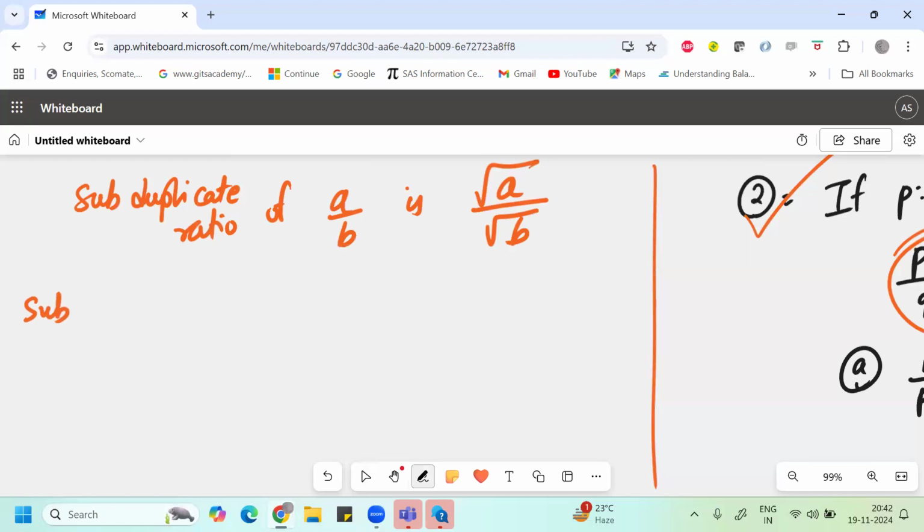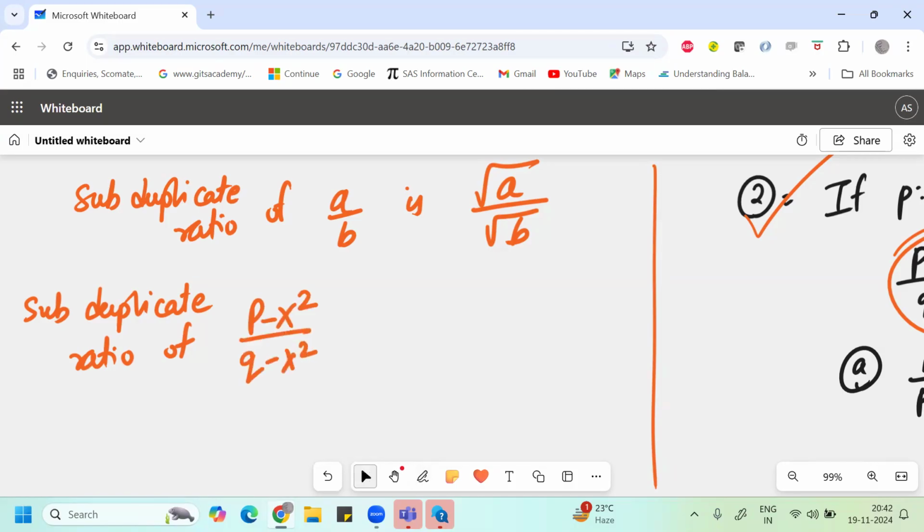So what is the subduplicate ratio of P minus x square by Q minus x square? So the subduplicate ratio of P minus x square by Q minus x square is what? That would be square root of P minus x square by square root of Q minus x square.